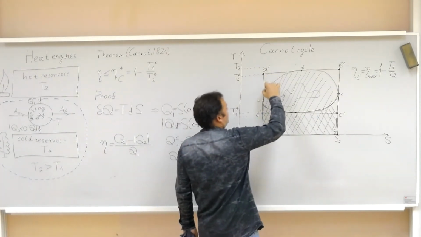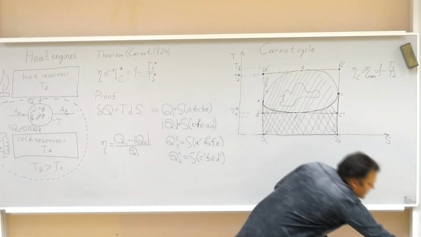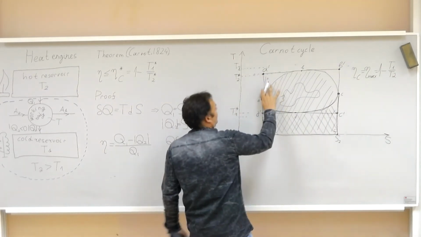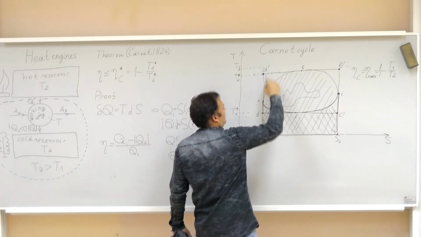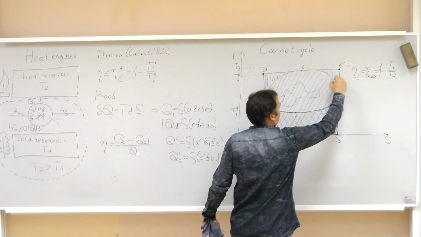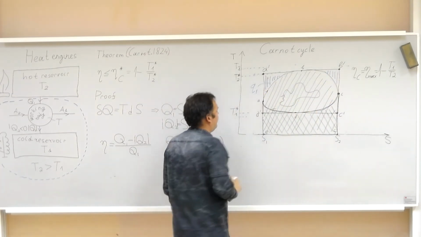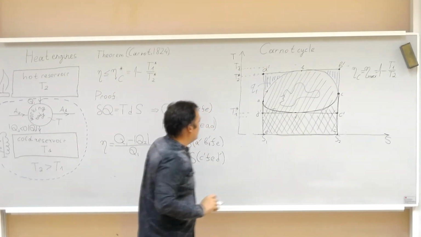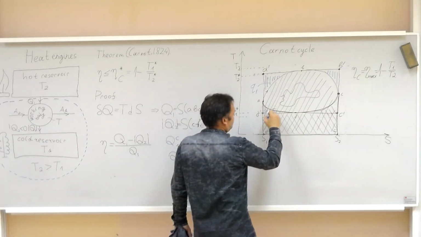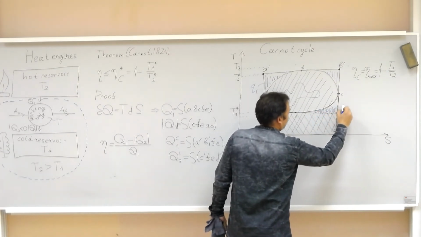I need a blue pen. Okay, let us denote the area of these small triangles by Q1, and the area of these two triangles by Q2.